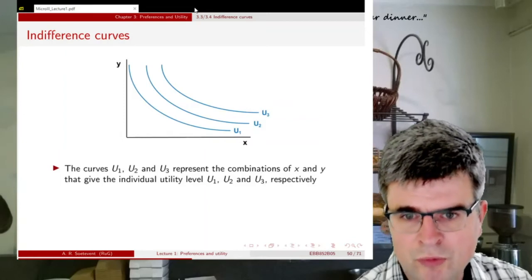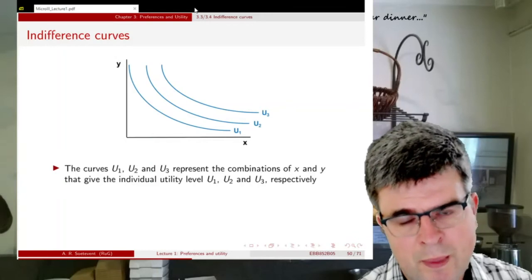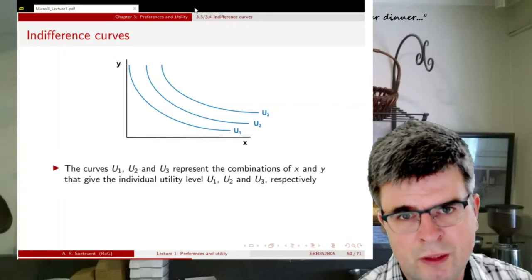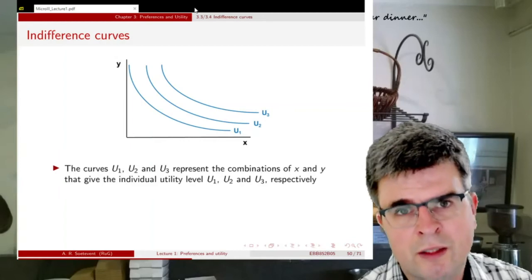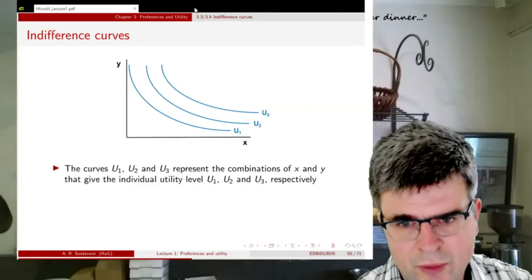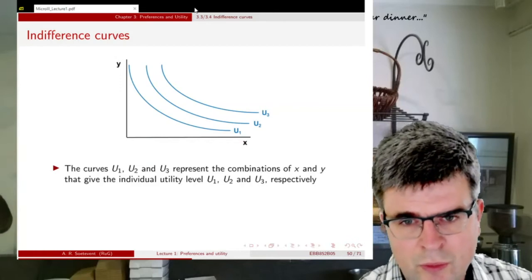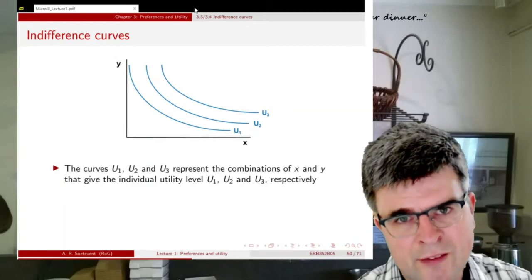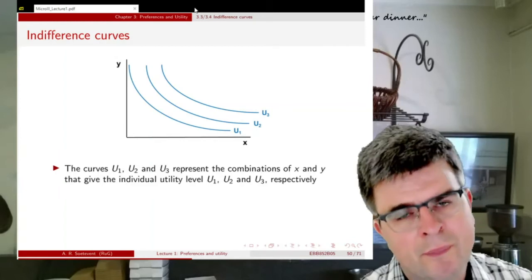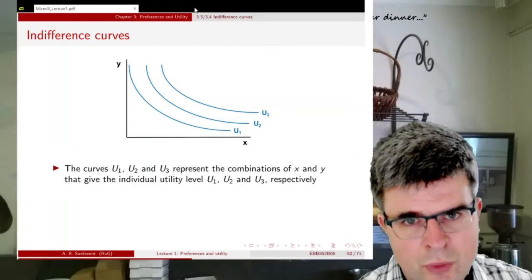And if we talk of goods of which people enjoy the consumption, then the higher indifference curves are associated with a higher utility. So indifference curve U1 gives all combinations of X and Y, all bundles that give the consumer a utility of U1.